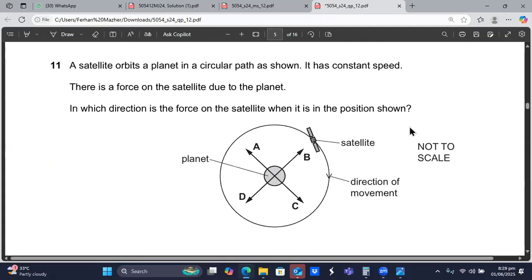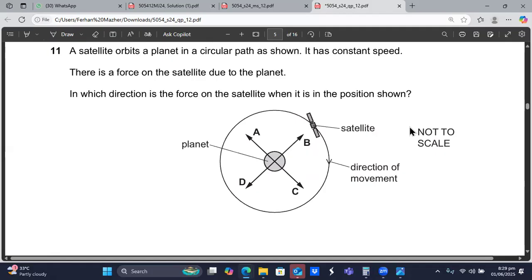The next question coming up on your screen is question number 11. A satellite orbits a planet in a circular path as shown. It has constant speed. There is a force on the satellite due to the planet. In which direction is the force on the satellite when it is in the position shown? Usually whenever you are orbiting a planet, we suppose that you are moving in a circular orbit around that planet.